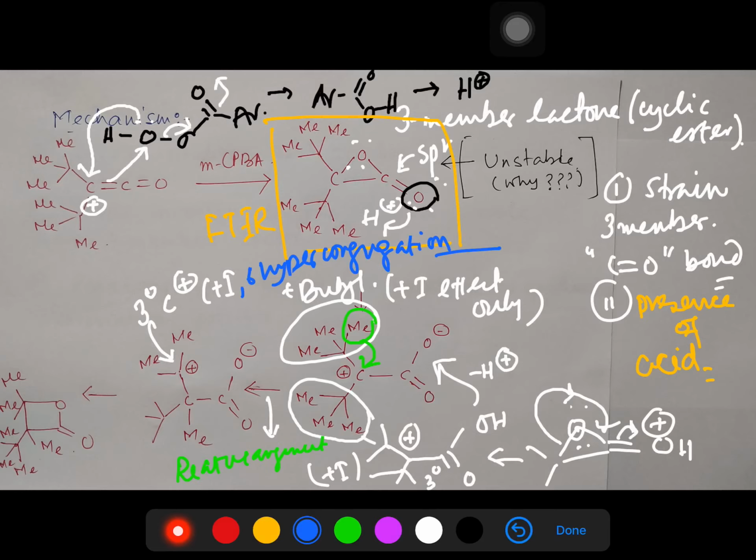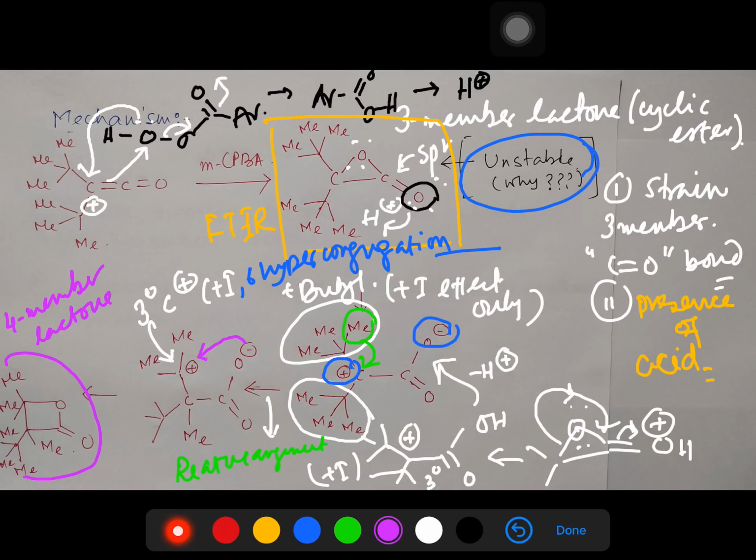But now see, previously these charge-separated species, this cation and anion, remain in equilibrium, they can further combine, but they will break instantly since it is unstable. Fine. But in this case, what advantage is achieved? See, this oxygen can attack here and it can result in a 4-member lactone.